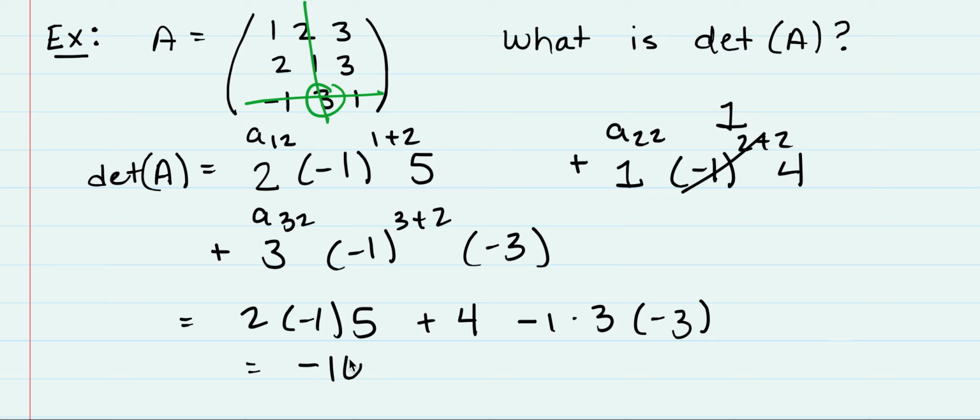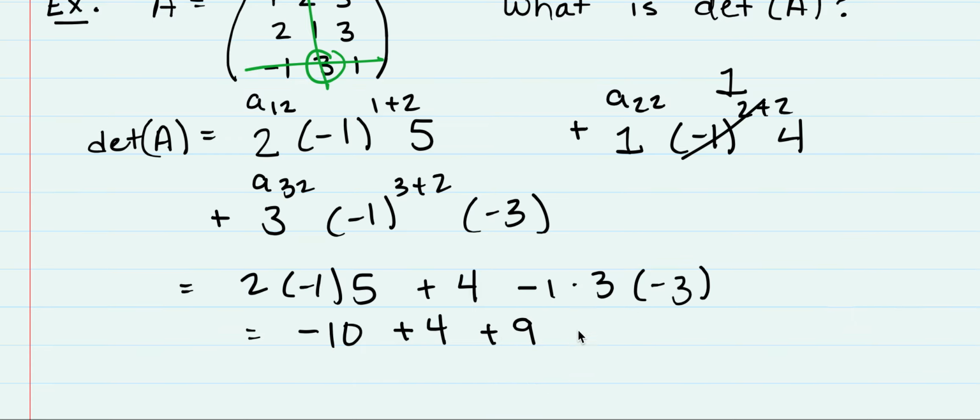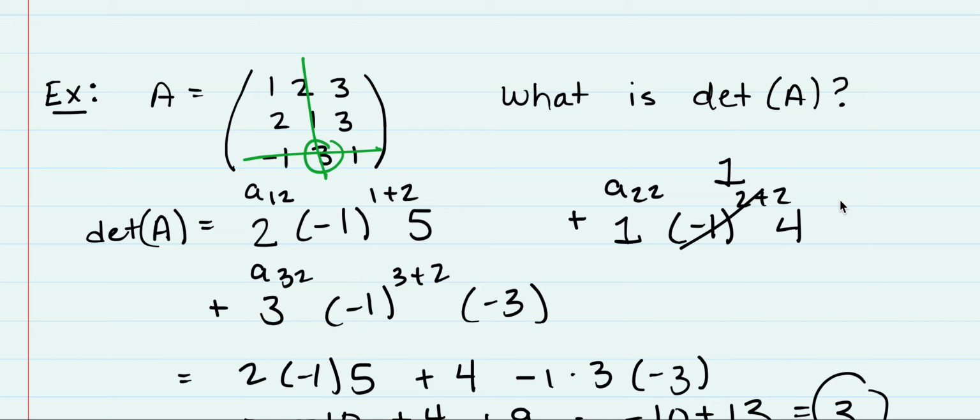So it looks like negative 10 plus 4, and then plus 9, which is negative 10 plus 13, which is 3. We got the same answer that we got before. Now you can go along any row or any column and you should get the same determinant. So along this row or this row or this column or this column, you'll always get the same answer.